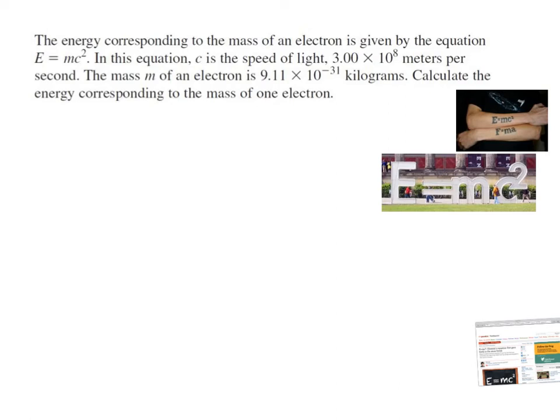Okay, so you're going to use a formula just like you've used all formulas in your life. Only this one has pretty much nothing but variables, except for the exponent that is squared. You know how to use that, though. With any formula, it helps to define your variables according to the problem. We are going to calculate E, because we need the energy. That means we need m and c to insert into that equation.